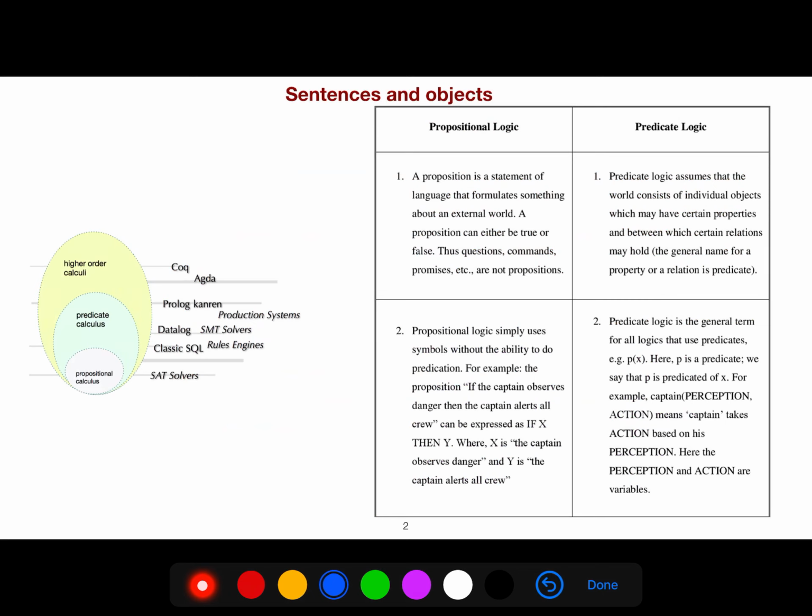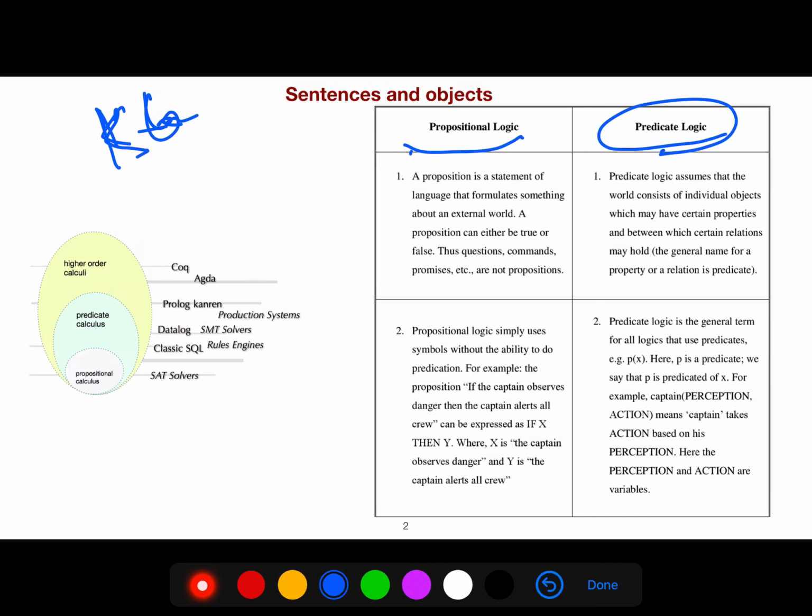So what is propositional logic? What is predicate logic? I think predicate logic is just the extension of propositional logic. Instead of sentences, the first citizen in propositional logic is a sentence, but the first citizen in predicate logic is an object, like a knowledge graph.